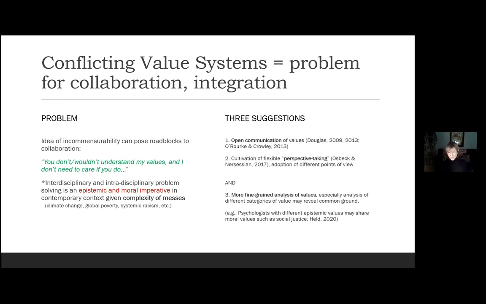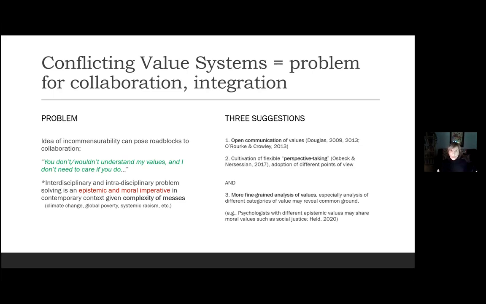And then, as I've tried to point out here, I think more fine-grained analysis of values in different value categories can be helpful. And I think doing so may reveal some common ground. So, for example, psychologists who don't share epistemic values, you might have one set of psychologists very interested in deep local knowledge and another with much more general knowledge, trying to come together.